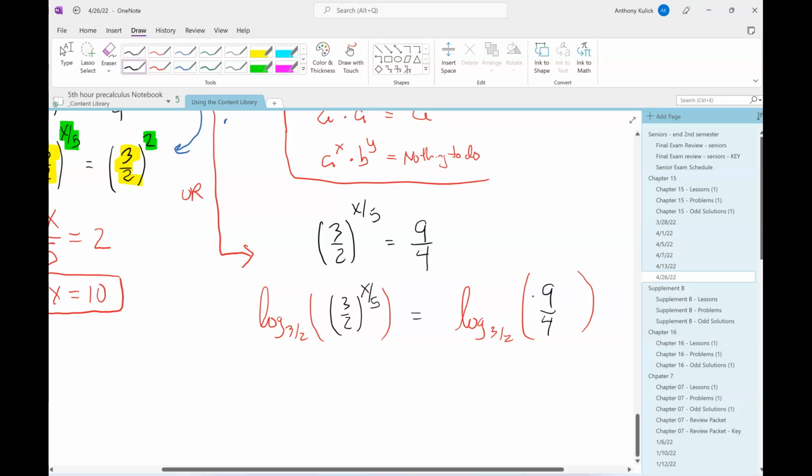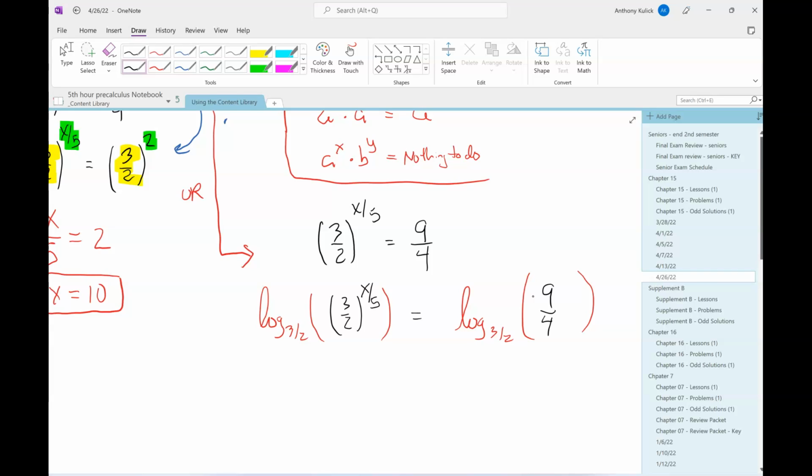Everybody's okay with that reasoning? Now I want to be clear here. There's no reason we have to use log base 3 over 2, but it makes the arithmetic massively more convenient to use that so that the base of your logarithm matches the base of your exponential.